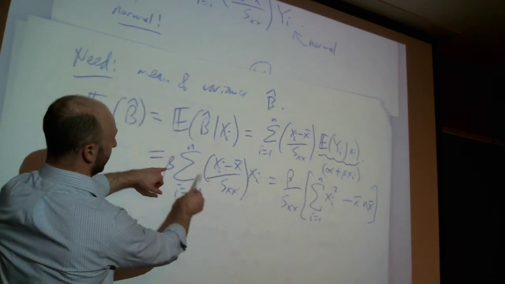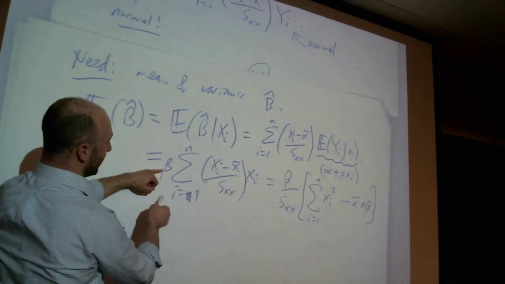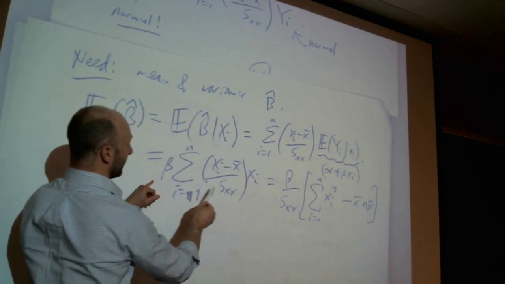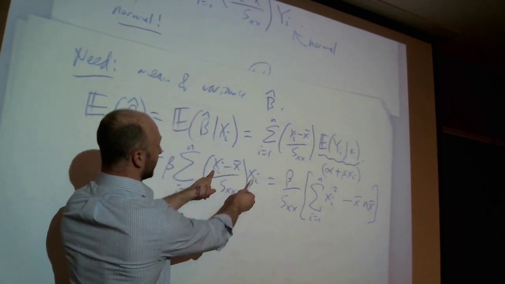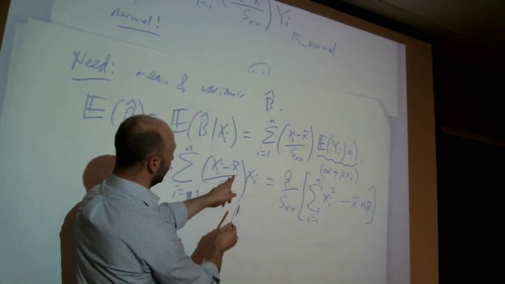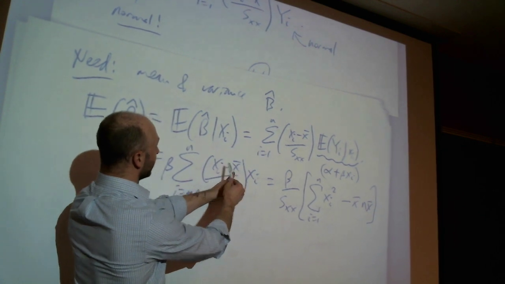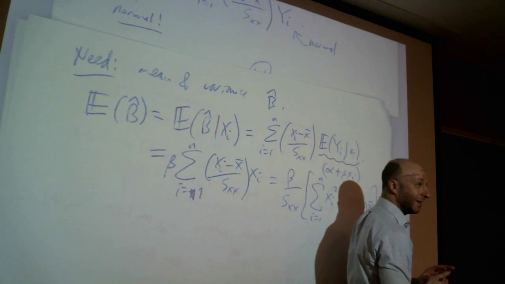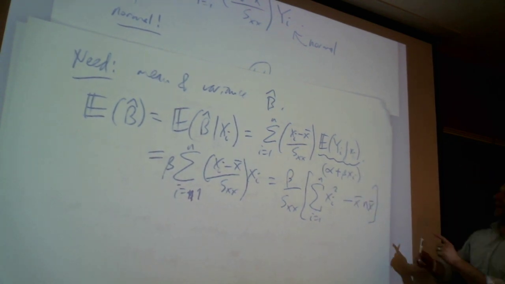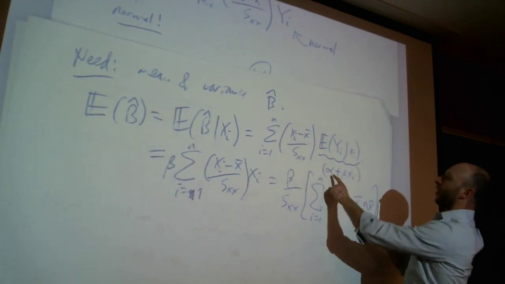Does everybody see that? So first, this doesn't have any i's in it, so it comes out of the sum. So that's beta over sxx. This was this variance looking term. Then I have xi times xi is xi squared, minus x bar, which is a constant, times the sum of the xi's. Justin: Why does the alpha go away again? For the same reason that the y bar up there went away.